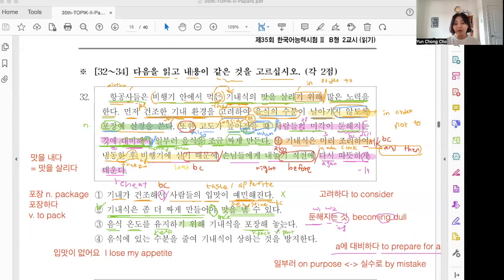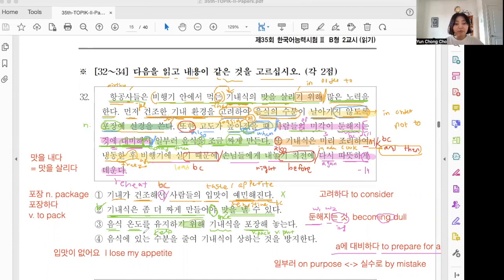That's why 포장해 놓다. 놓다. So they pack the 기내식, in-flight meal, and put it. They pack and put the in-flight meal on the plane.